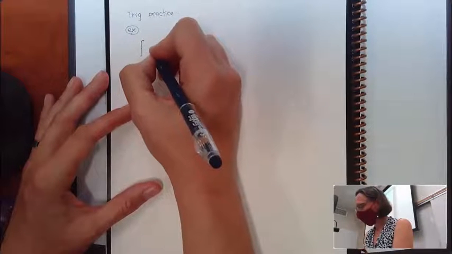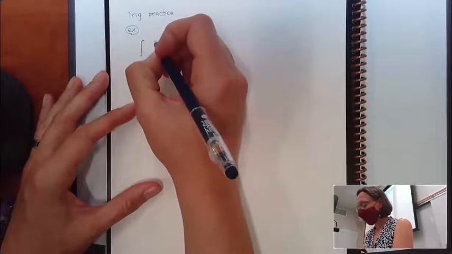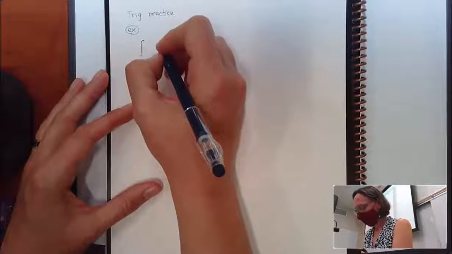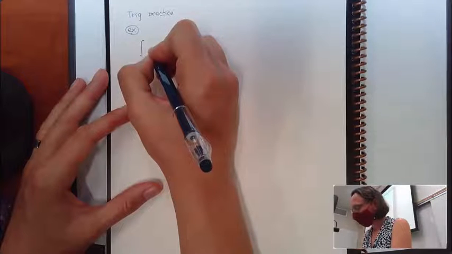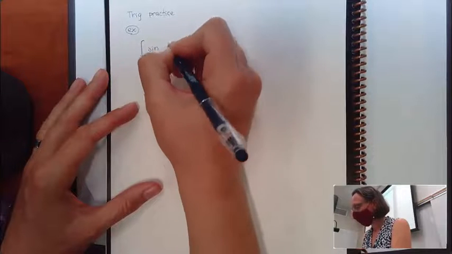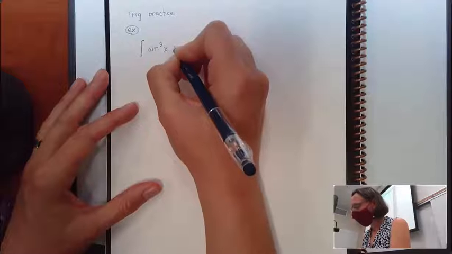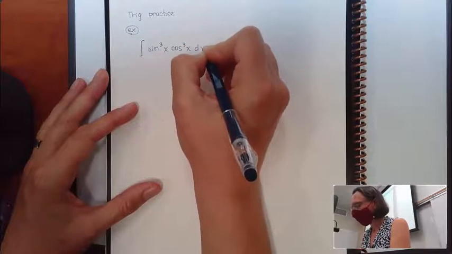So let's say that I had, do we want something a little messy? So tempting. I'm going to make this a little bit messy. Sine cubed x, cosine cubed x dx.